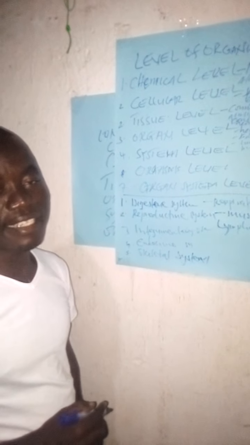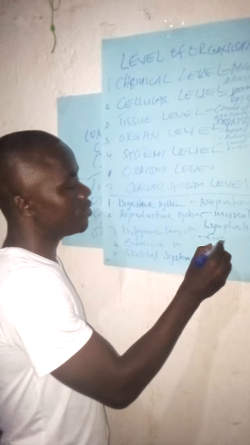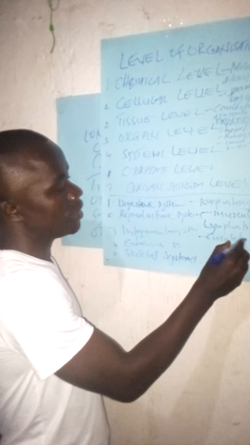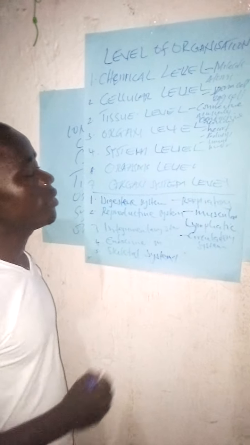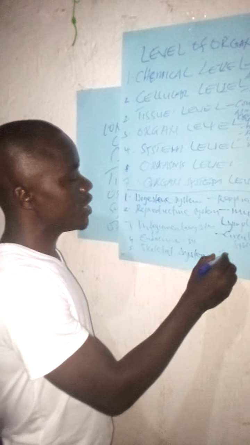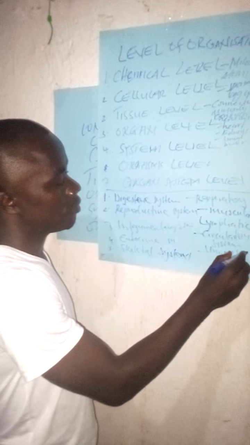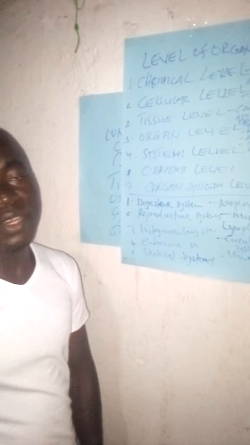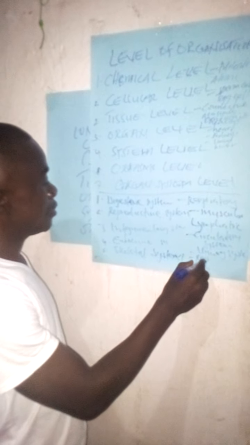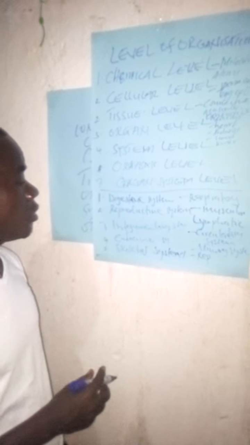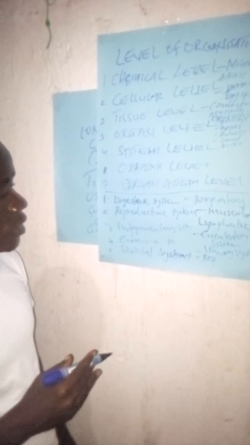After the lymphatic system, we have the circulatory system. Then after the circulatory system, we have the urinary system. Then after the urinary system, we have the reproductive system. Reproductive is already on the blackboard, but let us talk about what comes after the reproductive system.